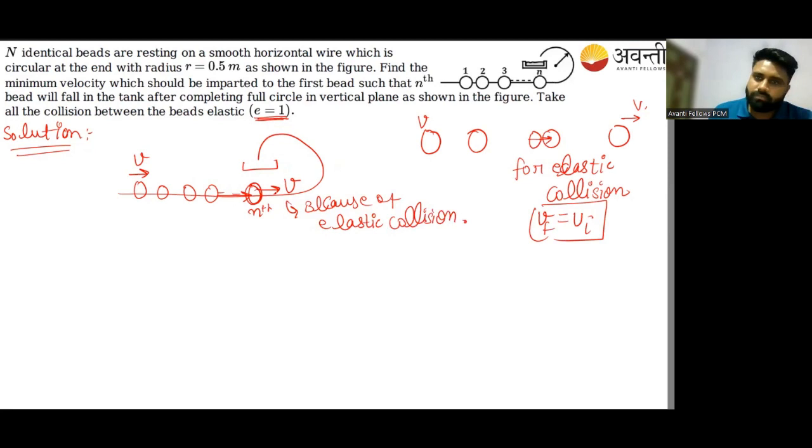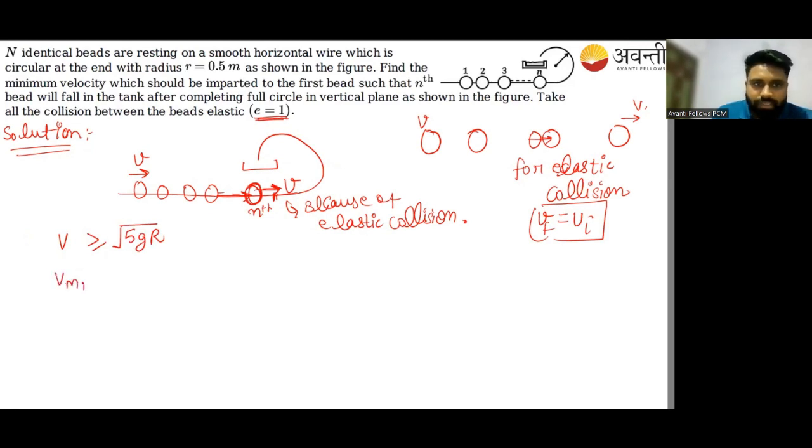Now, this is a very simple question from now. This velocity is v. So what should be the minimum velocity at the bottom point to complete the full circle? It should be greater than or equal to root 5gr.